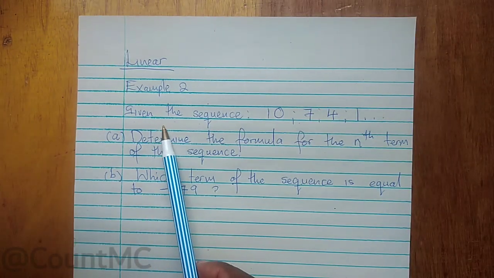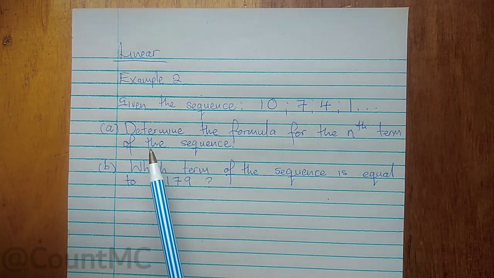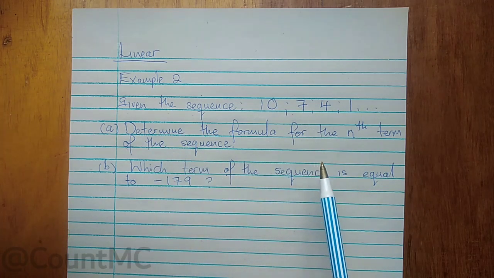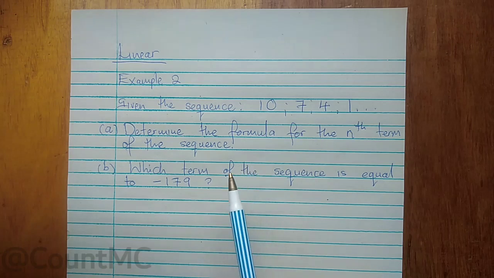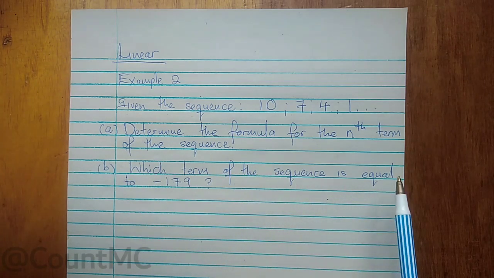Example 2, given the sequence 10, 7, 4, 1, determine the formula for the nth term of the sequence. Then part B, which term of the sequence is equal to minus 179.